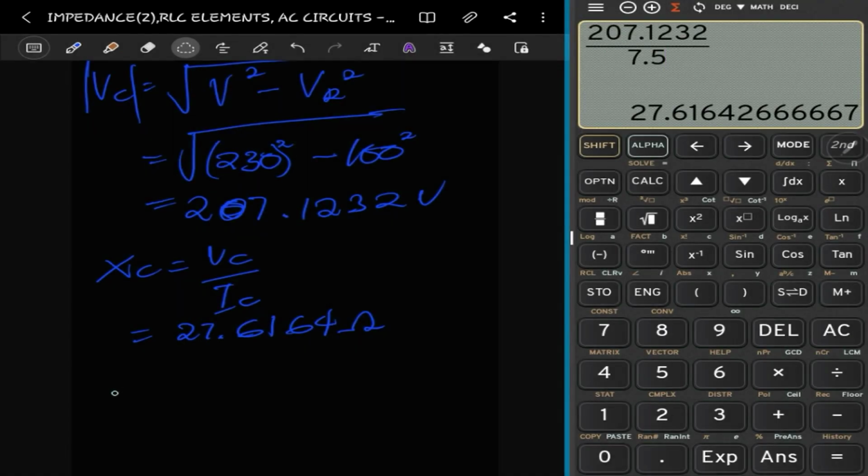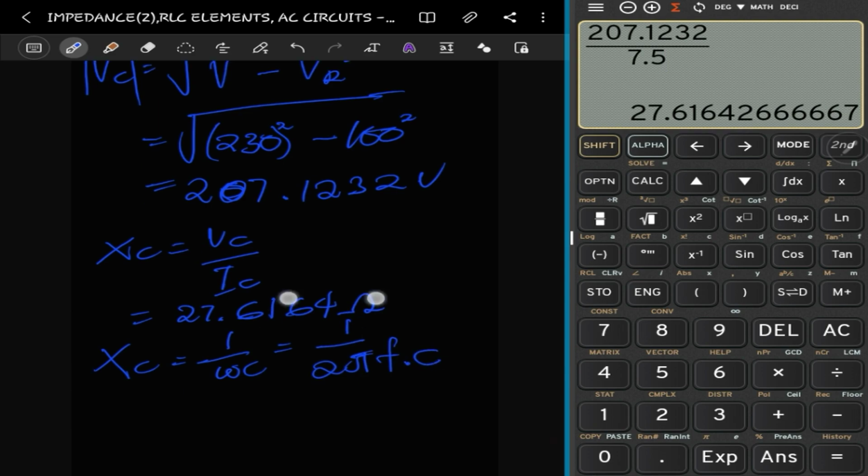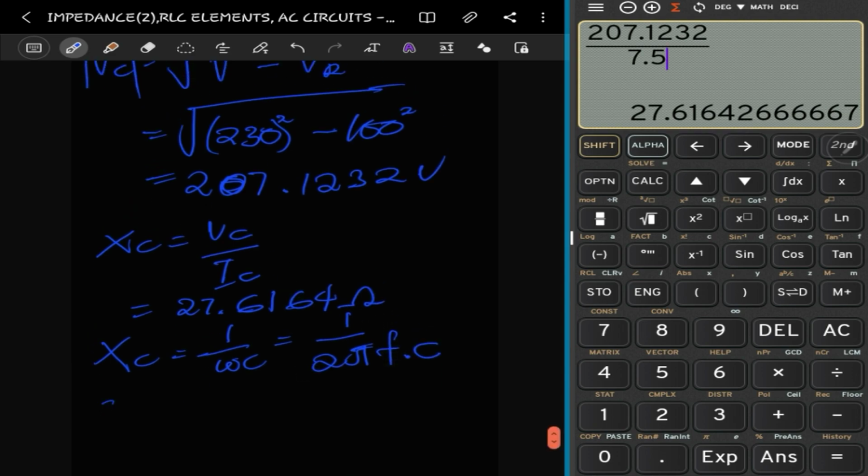We can move on and find our C. We know XC is equal to 1 over WC, which is the same as 1 over 2 pi F C. So this will mean that our C is equal to 1 over 2 pi F XC.